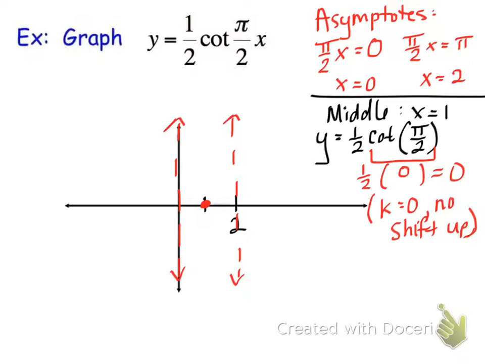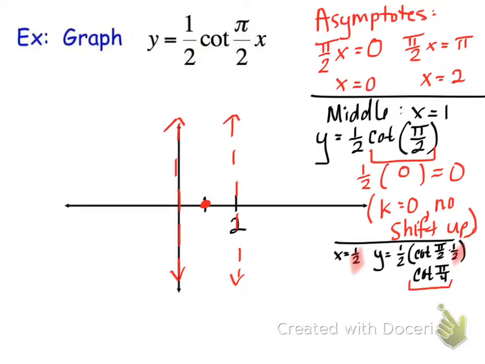Now I do things like finding the middle again. What's the middle of 0 and 1? Well, it's 1/2. So the number in the middle is what I plug into my function y equals 1/2 cotangent of pi over 2 times 1/2, because I'm plugging in 1/2 for x. Okay, so now I'm going to solve this. Multiplying pi over 2 times 1/2 is pi over 4.